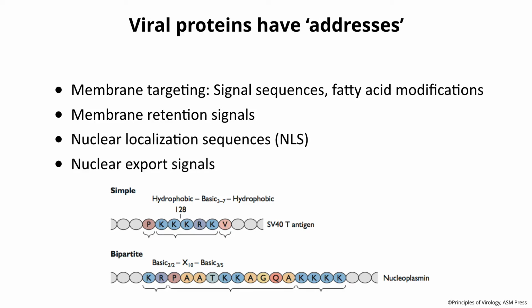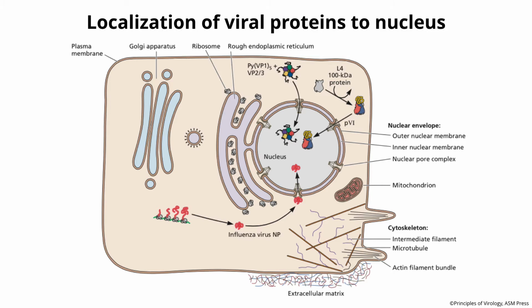You can see a simple one here consists of hydrophobic, 3 to 7 basic, and then hydrophobic amino acids. And you can take this, which is in the T antigen of SV40, and put it into another protein and it will allow that protein to get into the nucleus. That's what we mean by an address. It specifies nuclear import. So let's see how this works in a virus infection.